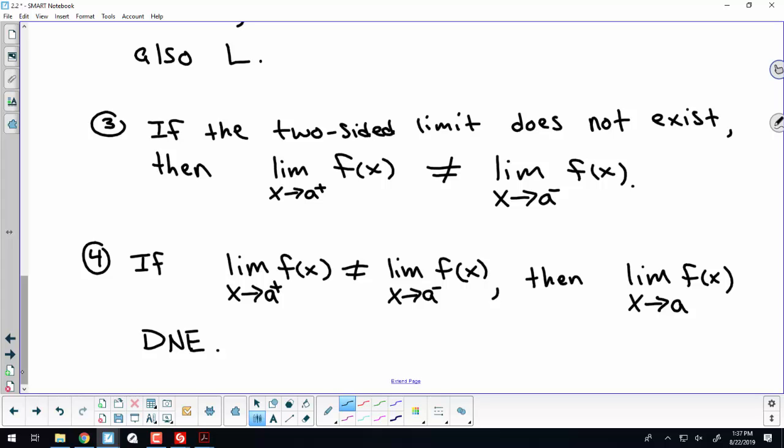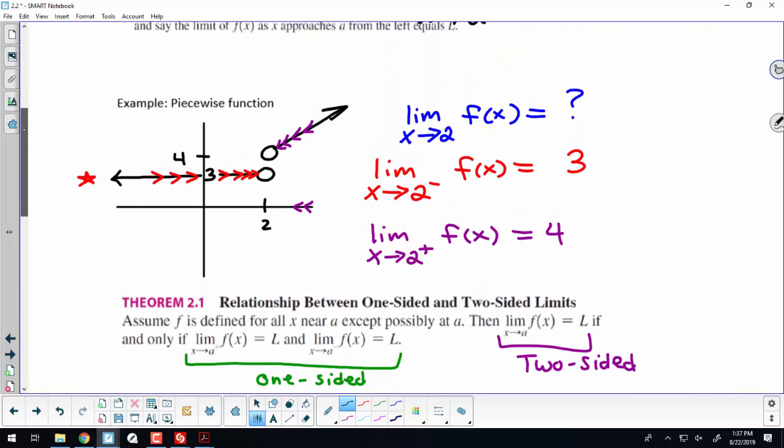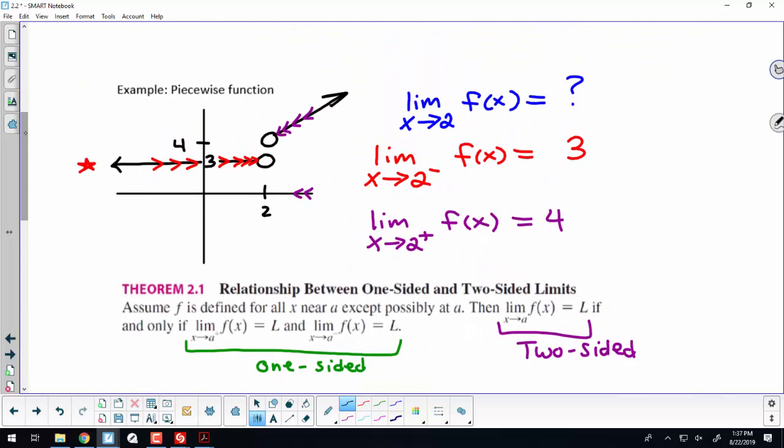So looking back at that piecewise function example, what would we say about the two-sided limit we were asked initially, the limit as x approaches 2 from both sides? It doesn't exist, because the one-sided limits aren't the same.